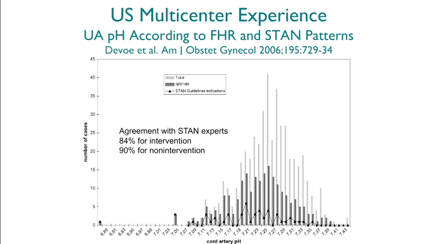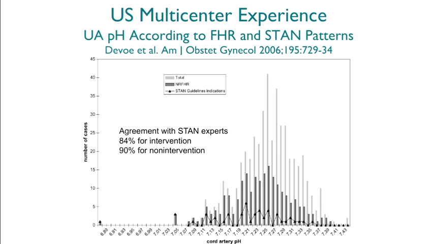Now, the triangles are the proportion of cases that had STAN guideline indications for intervention, based on the STAN evaluation. These were felt to need some more intervention or some more observation. You can clearly see that with these normal pHs, there were fewer babies detected by STAN than by regular fetal heart rate tracing as needing some intervention, observation, or indications.